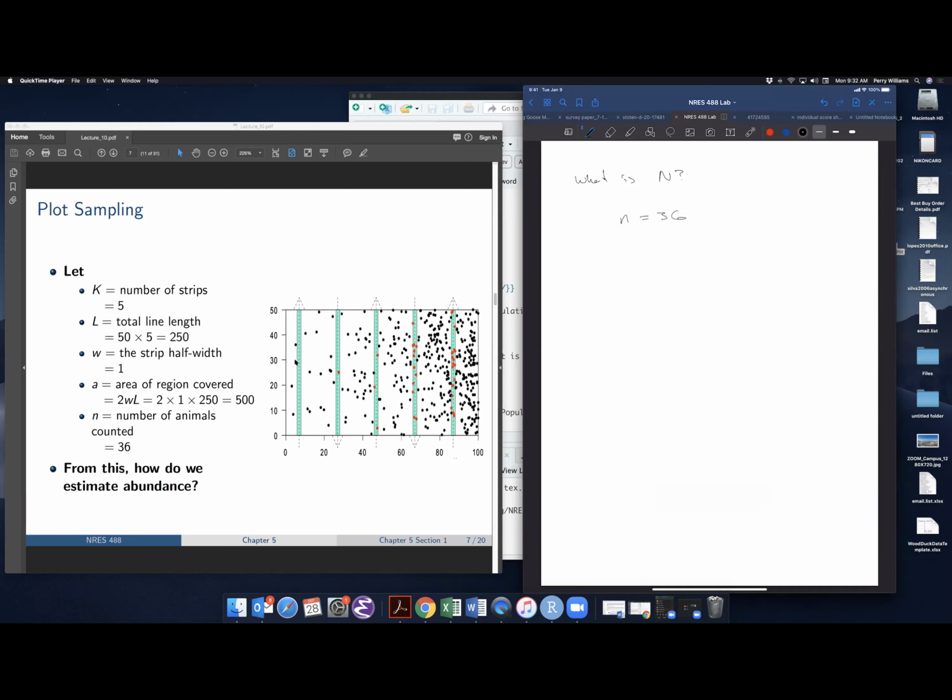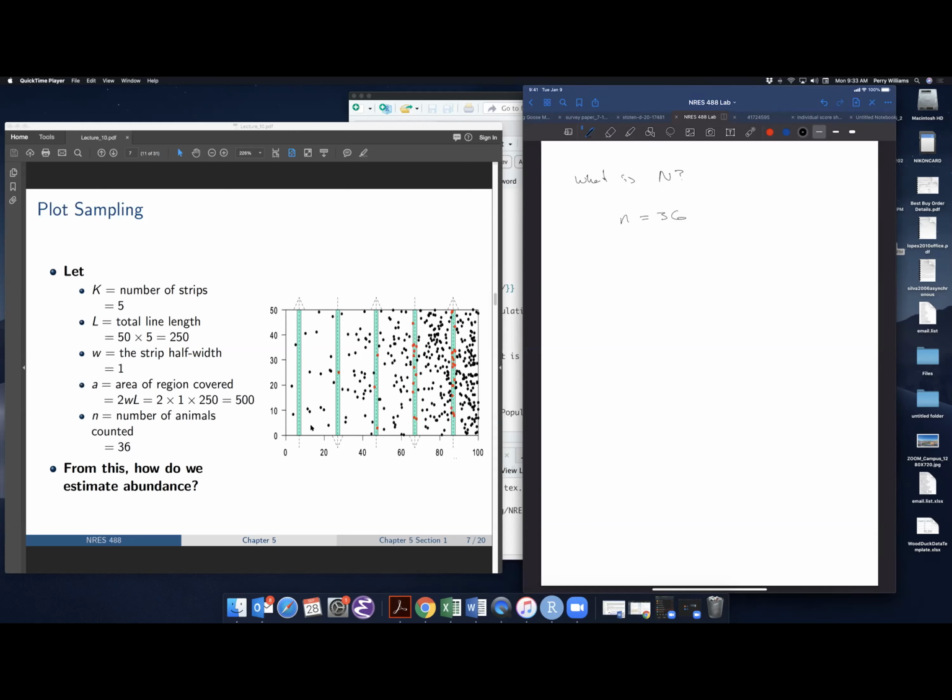So 2 times W equals the width, and then L equals the length. So if you want the area of a rectangle, we do length times width. And that gives us 2 times W times L, which equals 500. So each one of these rectangles is 500 square units.